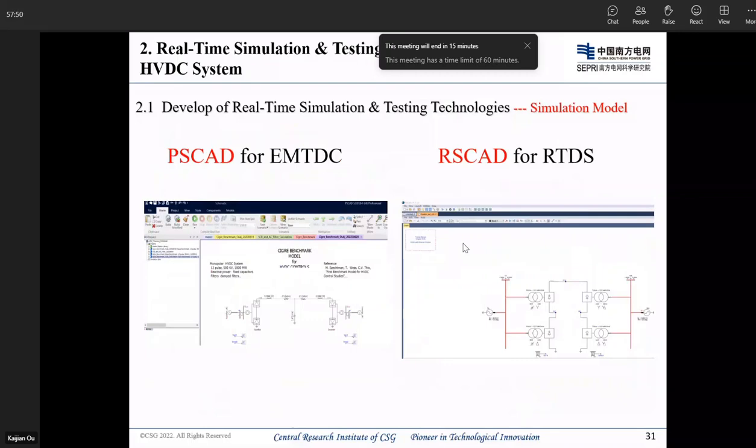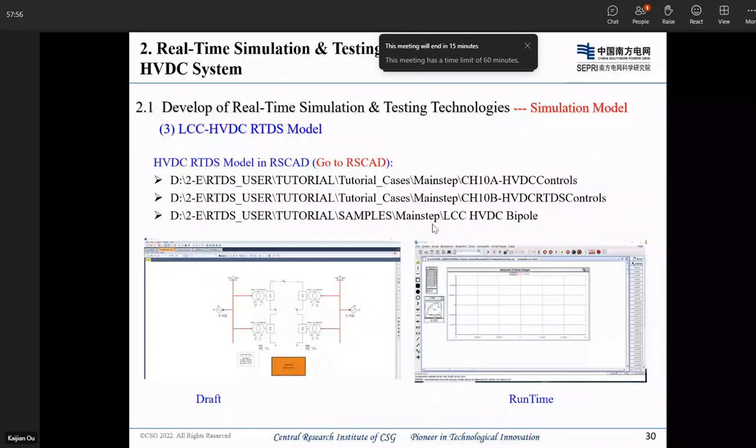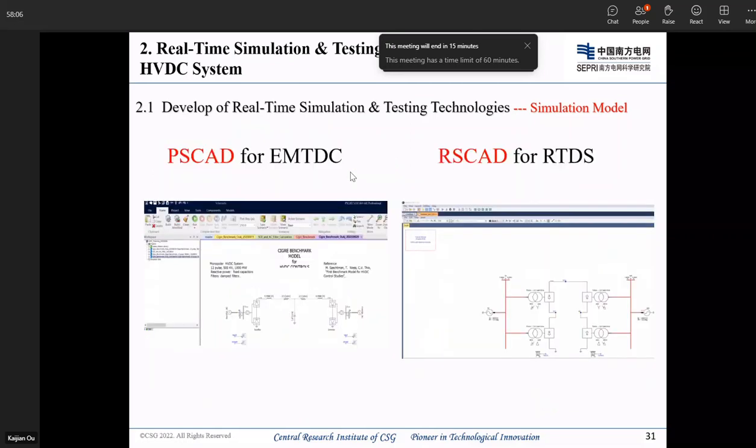use the PSCAD, ASCAD. We had many kinds of RTDS model. For the RTDS model, we use ASCAD, and PSCAD is very similar. Yesterday, I introduced the PSCAD.